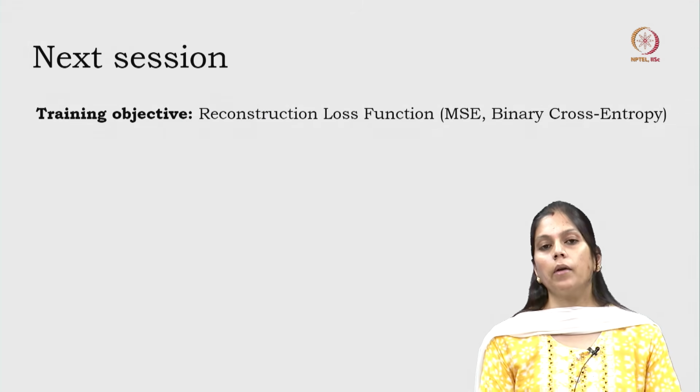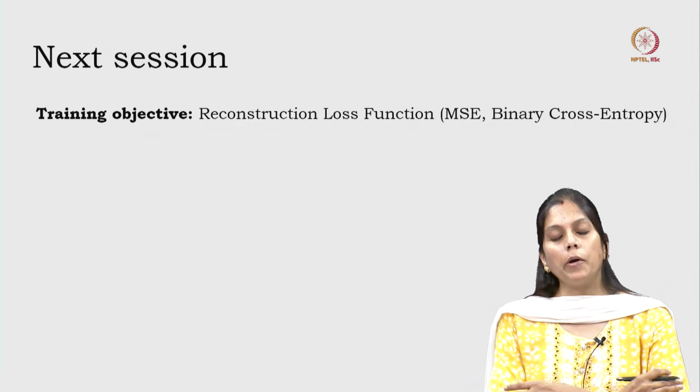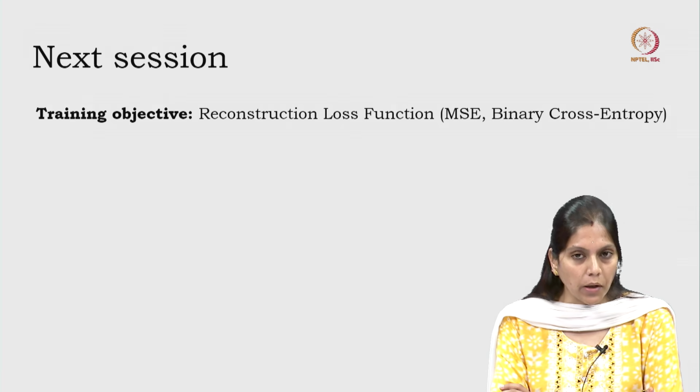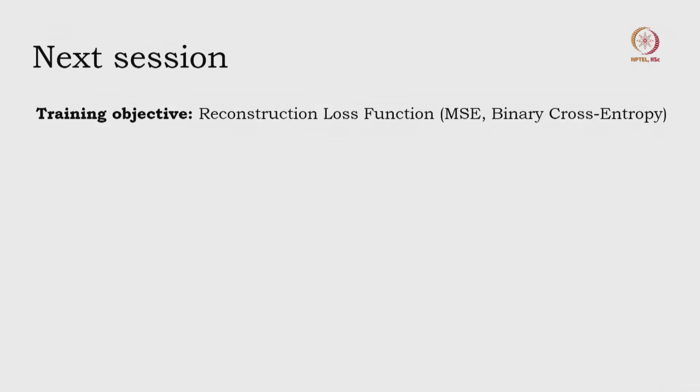With this, we have come to the end of this session. Since this is the start of week 2, where we have started with autoencoders, the focus in this session was completely on understanding the role of an autoencoder, how the encoder works, how the decoder works, and the two primary objectives here: representation learning and reconstruction learning.